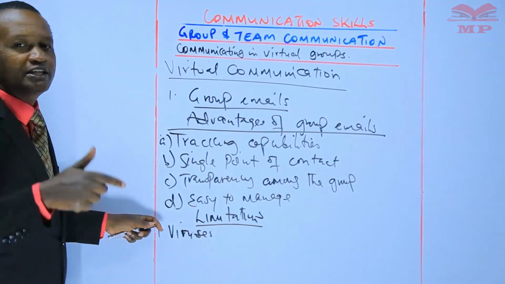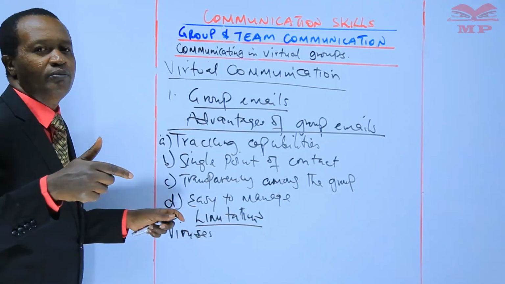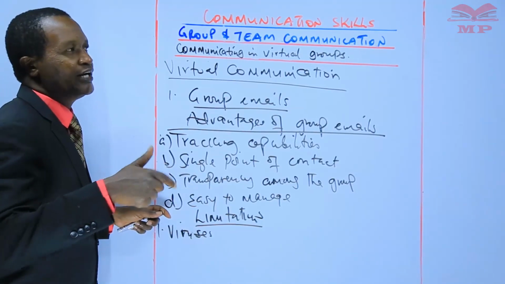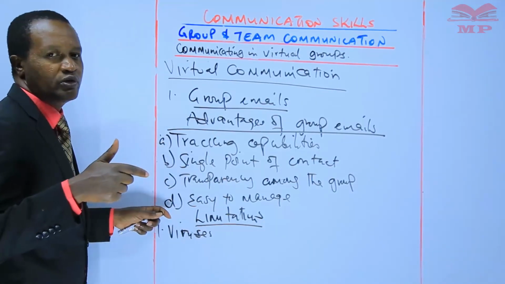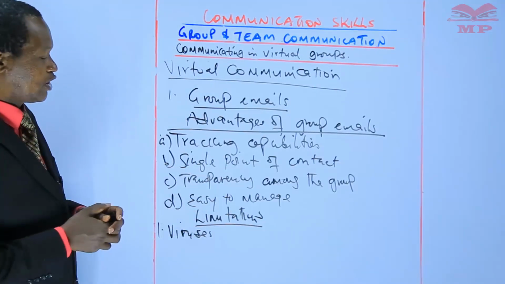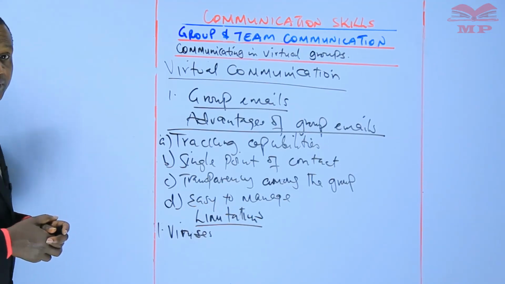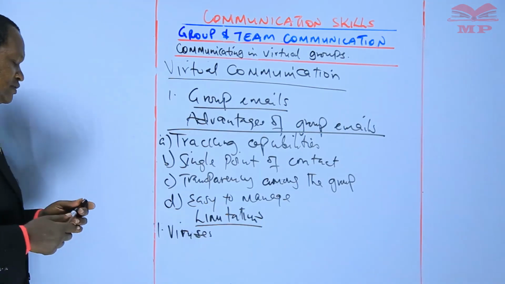And candidates, infected emails may come from an anonymous source or appear to come from a trusted friend or contact. So that's one of the limitations of group emails, viruses.